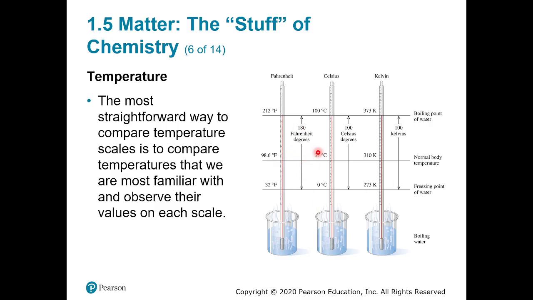Okay. So 180 degrees Fahrenheit is what separates the freezing point and boiling point of water. That separation in degrees Celsius is 100 degrees Celsius. That's the separation between the freezing point, 0 degrees Celsius, and the boiling point of water, which is 100 degrees Celsius at sea level per se.